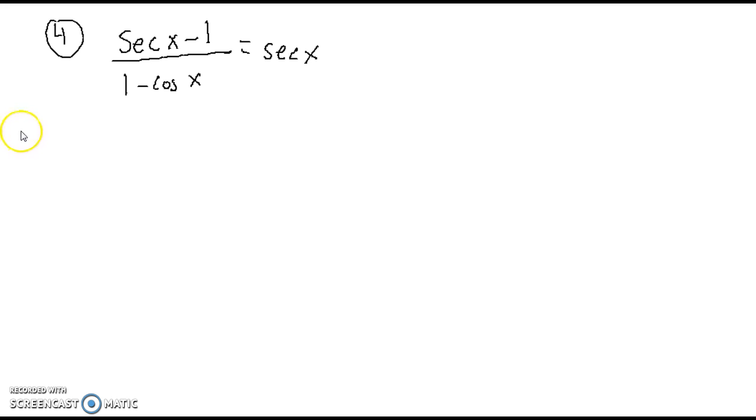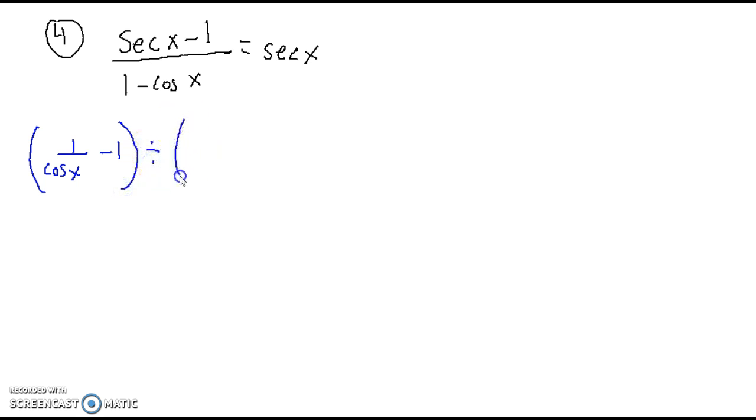So for me, what I'm going to do is I am going to try and make my numerator and denominator have similar things. So I'm going to rewrite secant as 1 over cosine of x and then minus 1. This will be my numerator.